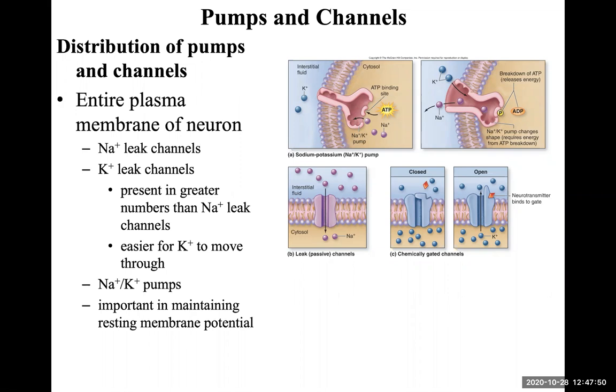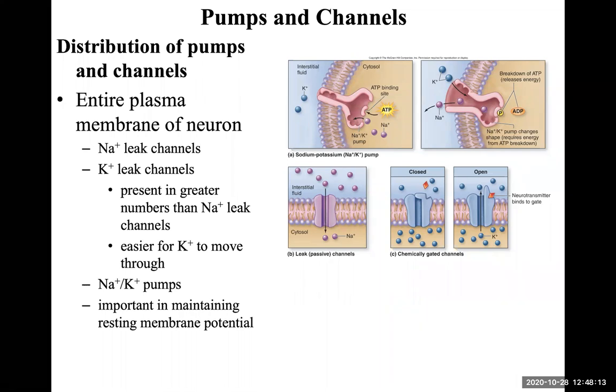And so potassium is constantly leaking out to a greater extent than sodium leaking in. Potassium has a positive charge, so it's leaking out, and that drops the resting membrane potential down to -70.